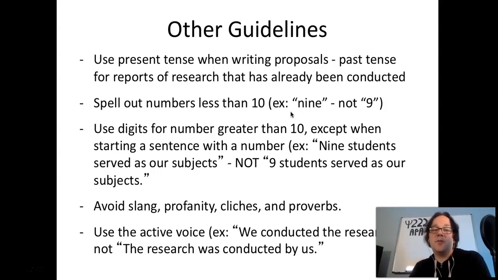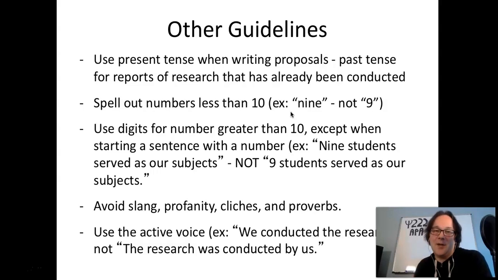Here we go. Spell out numbers less than 10. For example, we would spell out nine, not write the number 9. Use digits for numbers 10 and greater, except when we're starting a sentence.